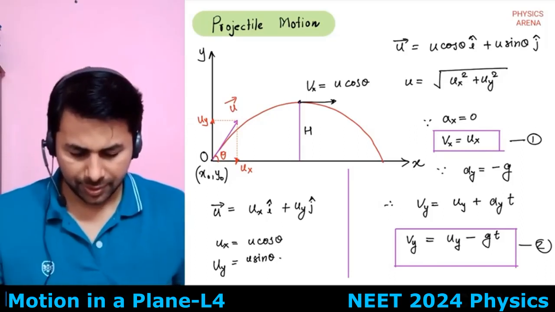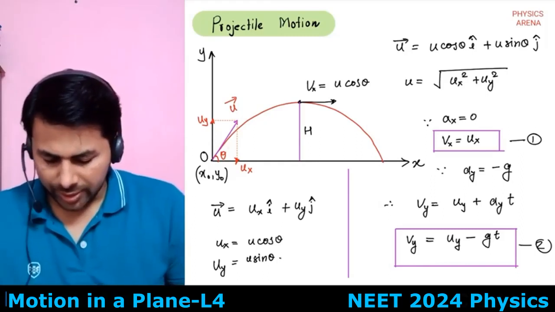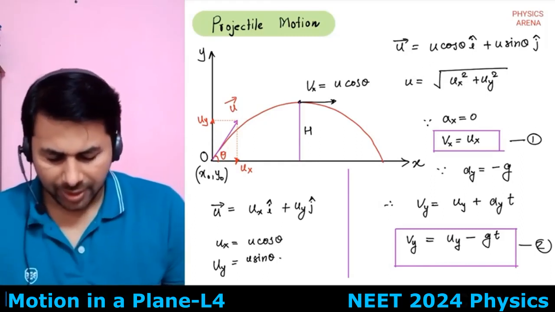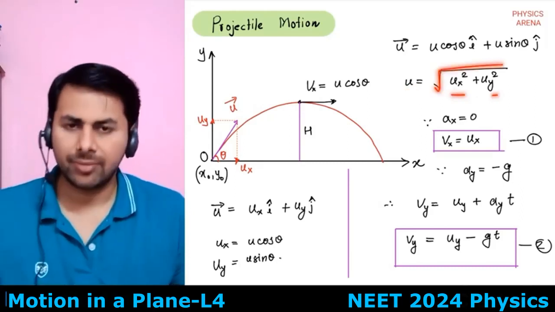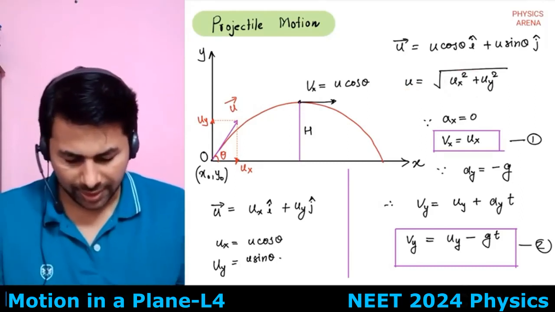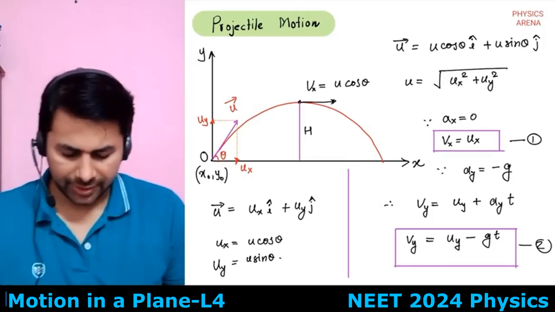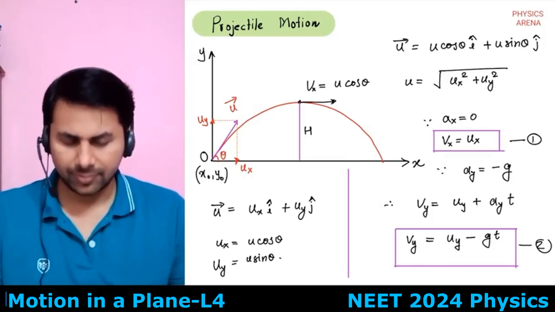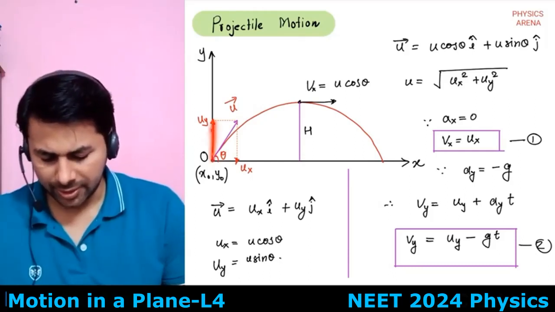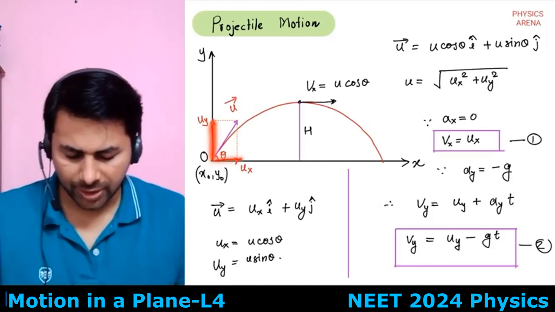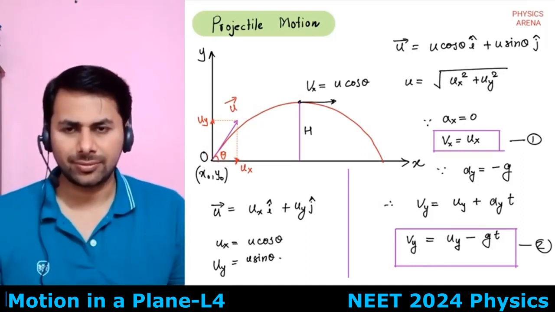So now we can find out the magnitude of velocity. U will be equal to square root of ux square plus uy square. And what's the relation between this angle and the x and y components of velocity? We can just divide the y component with the x component. So what will we get? We'll get tan of theta.